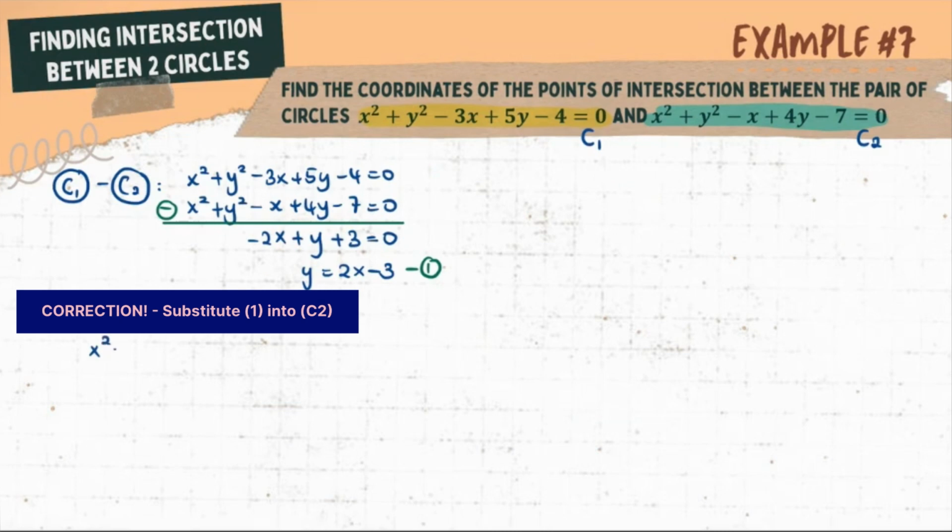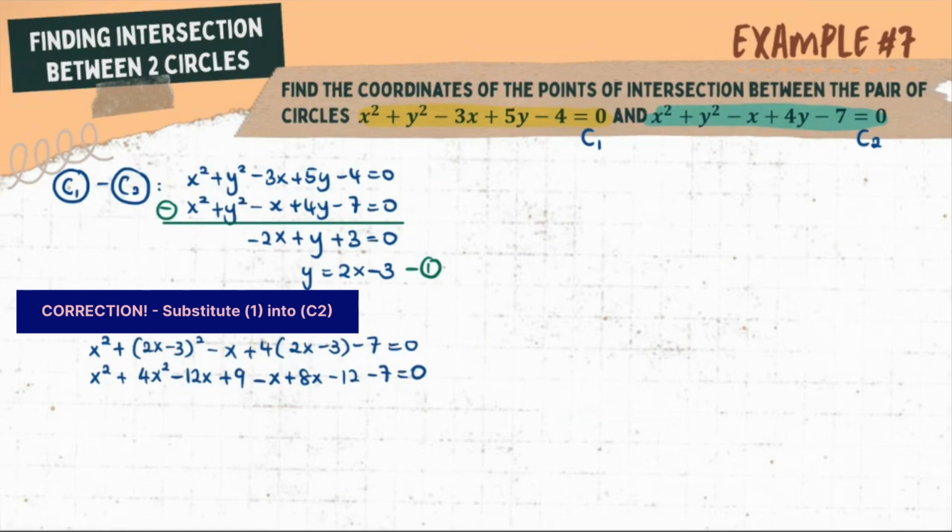Okay, so x squared plus (2x minus 3) squared minus x plus 4(2x minus 3) minus 7 equals 0. x squared plus 4x squared, 2 times 2 times 3, negative 12x plus 9, minus x plus 8x minus 12 minus 7 equals 0. Then x squared plus 4x squared, I get 5x squared.